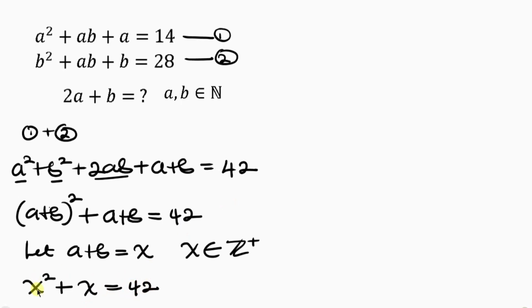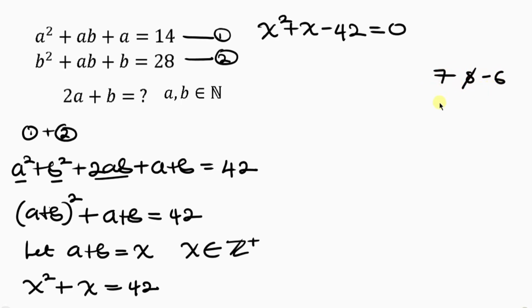So we have a nice quadratic equation, but we move this 42 to the left. So this becomes x squared plus x, and as 42 crosses to the left, it becomes minus 42, and this is equal to 0. Luckily, this quadratic equation can be factorized, and the factors of negative 42 that we're going to be using will be 7 and negative 6.